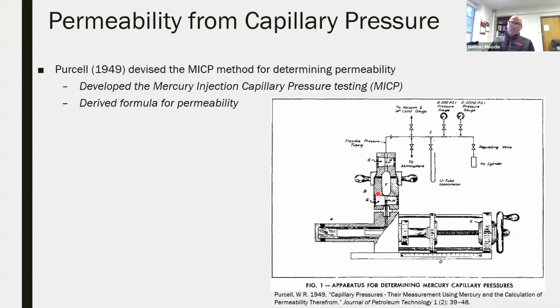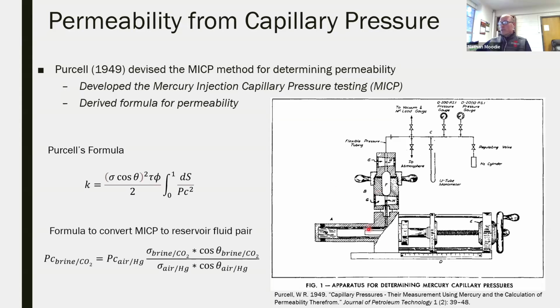So how did we get here? Back in 1949, Purcell derived a method for determining permeability by pushing mercury through a porous media sample. And he would measure the capillary pressure from that, and was able to then derive or calculate relative permeability.